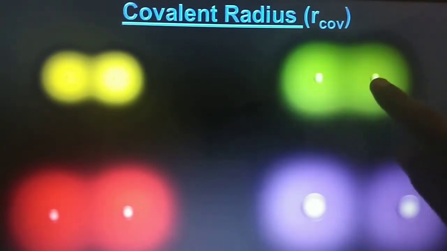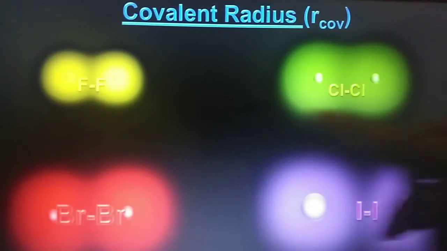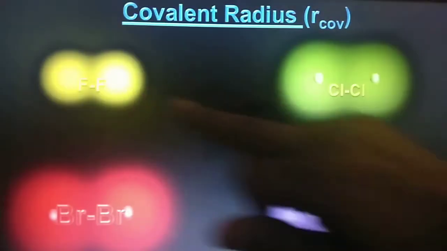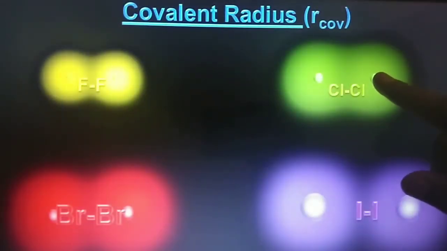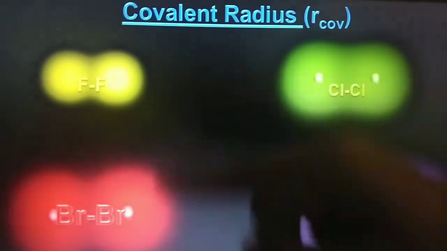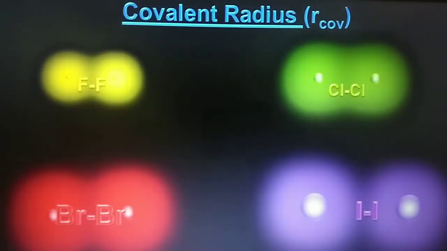That distance is called the bond length, right? And now we can observe very simply that the fluorine atom has a smaller size than chlorine, and iodine is the largest one among all the four, right?